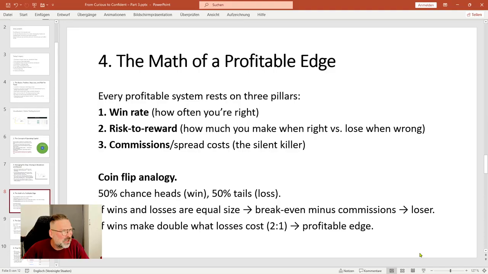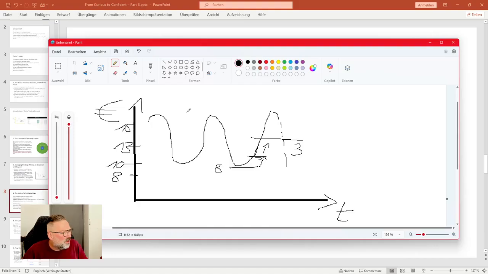So what does that mean? Let's say your edge is to buy double bottoms, right? So when you see something like that, you buy that. And maybe you also sell double tops. When you see something like that, you sell that.